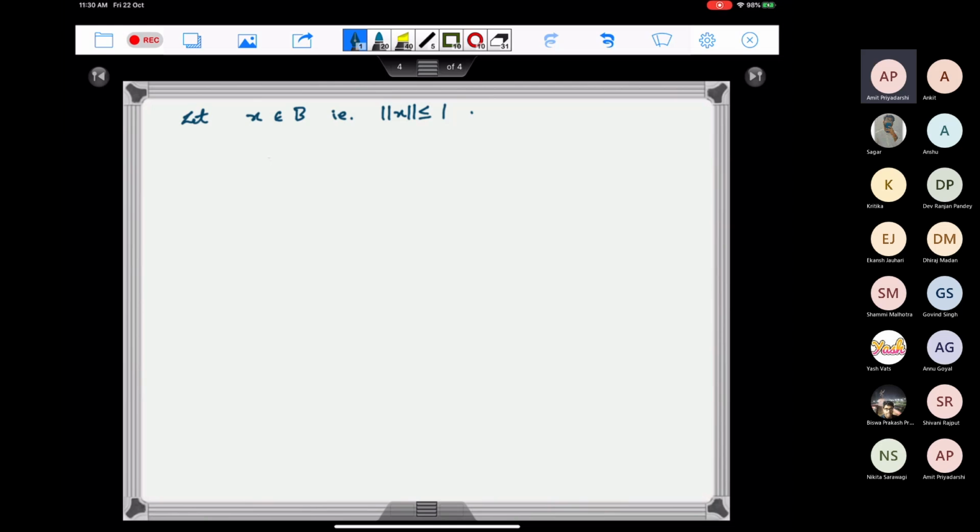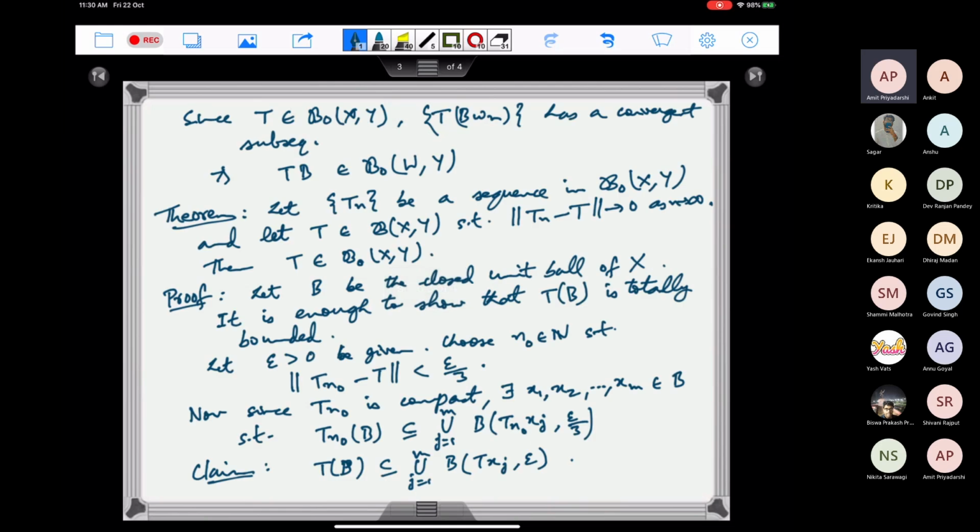Yeah. So if we take x in B, then what we know is that T_{n0} of B is contained in the union of these balls of radius epsilon by 3.